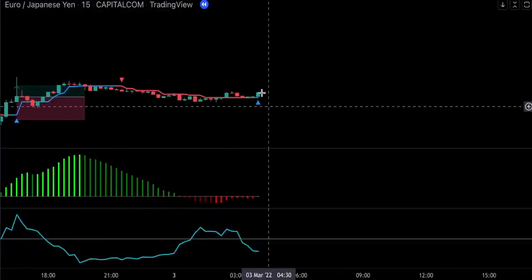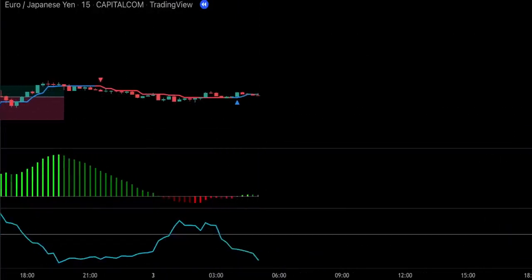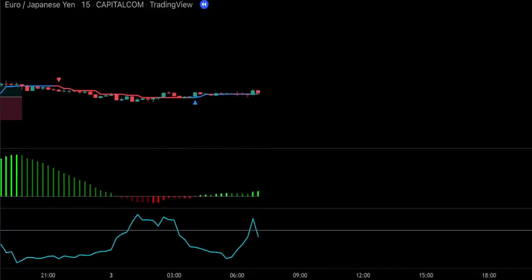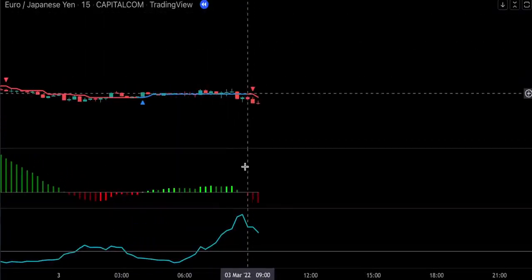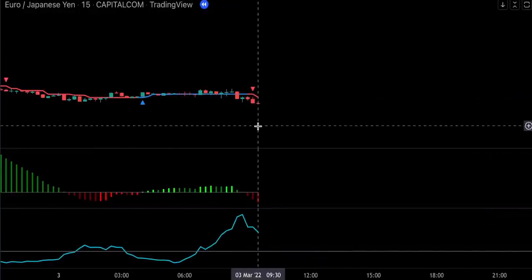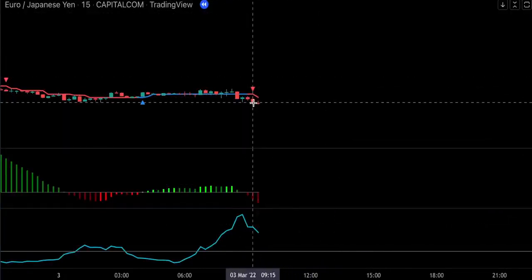This bullish signal is not confirmed because the volatility is not there. So here we've got a valid short signal, all our indicators agree. So we're going to go ahead and take a short position, set our stop loss.